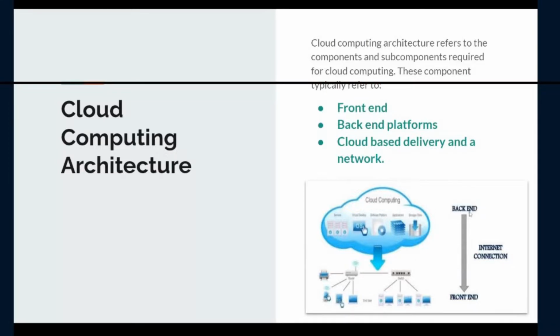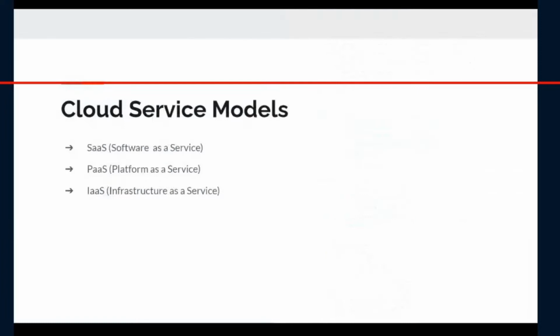From backend to front end, this diagram shows the architecture of cloud computing and how it works. So it is based on the network.